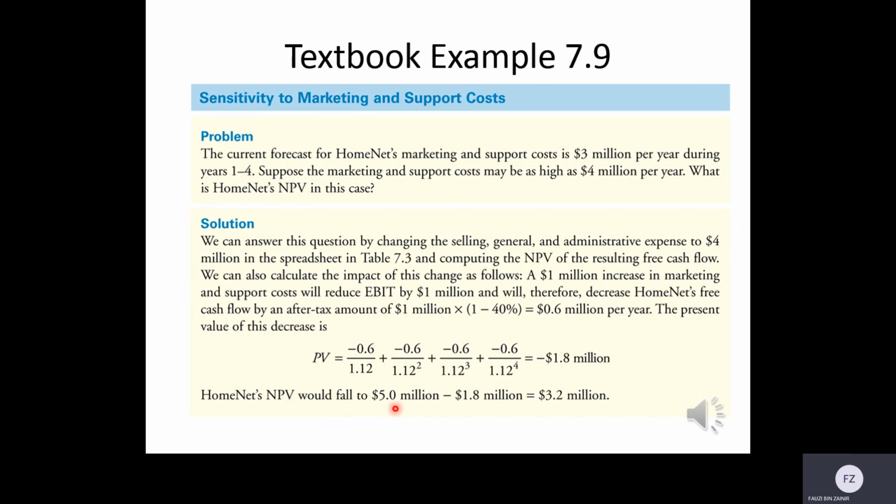HomeNet's NPV will fall from 5 million by 1.8 million to 3.2 million. This is another very quick, intuitive way to figure out the incremental negative impact. Or we can just run the spreadsheet all over again, replace the 3 million with 4 million, and see the bottom-line effect on the NPV, which will also show a reduction to $3.2 million from $5 million.